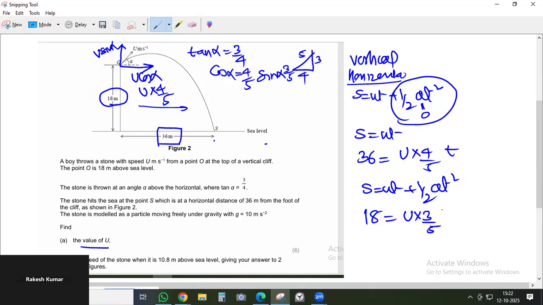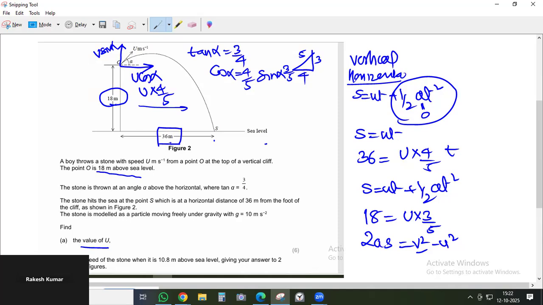And the time, again I have a problem. I want to get from S is equal to ut to S is equal to v square minus u square. Then again we have two unknowns, v and this, right? So is there anything else he has given? 18, 36.